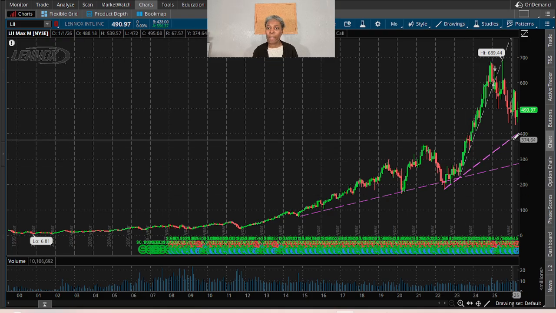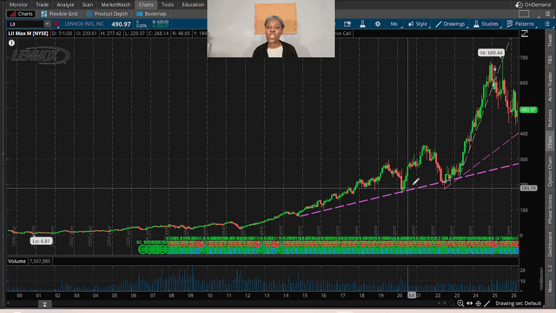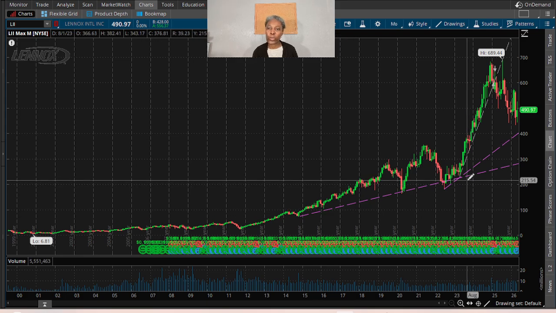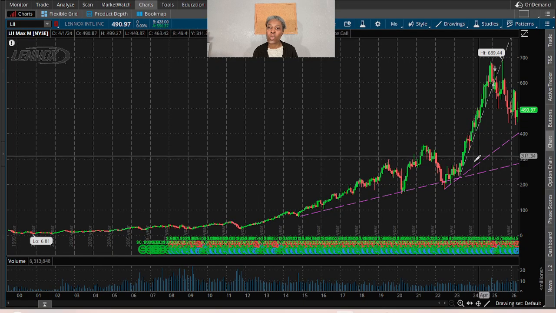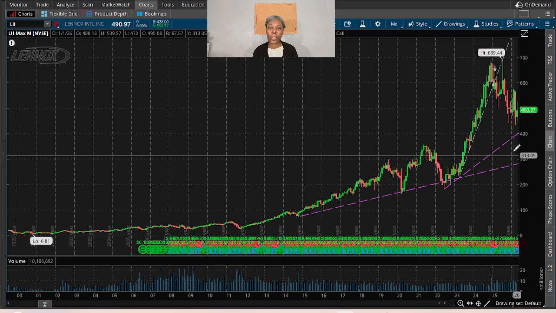We have this one, for instance, that is 1, 2, 3, 4 years long, and we have this one that has been longer. So I select them because I don't know if it's going to rely on this one that is 4 years long or this one, and either one will work for me.